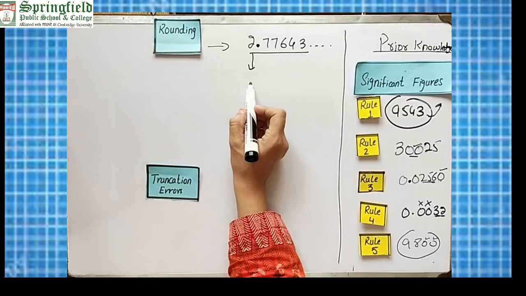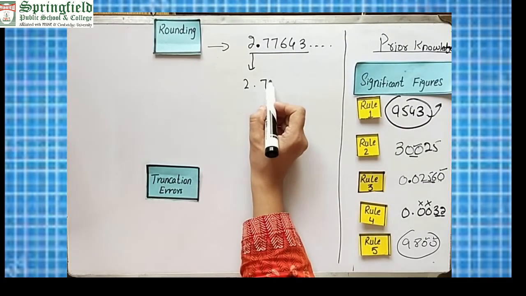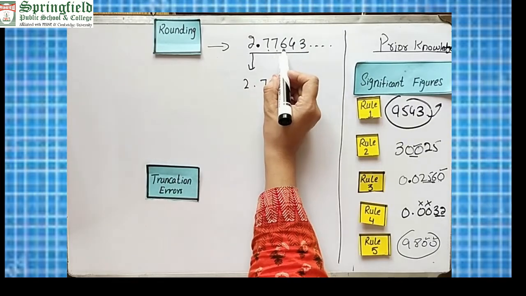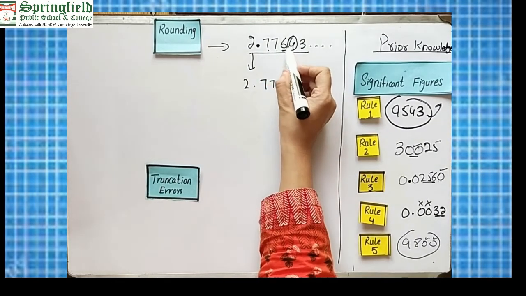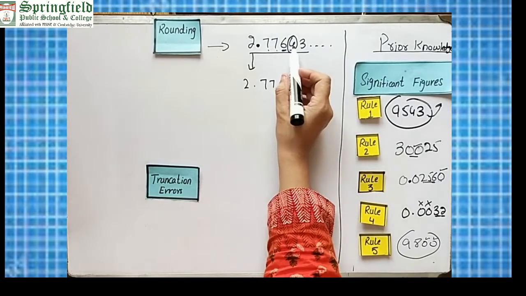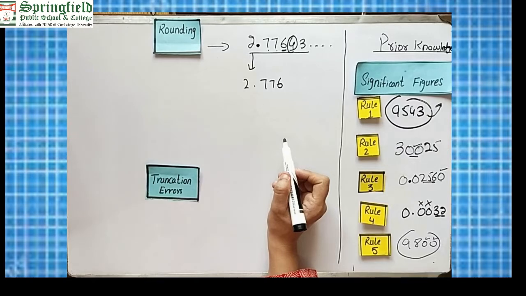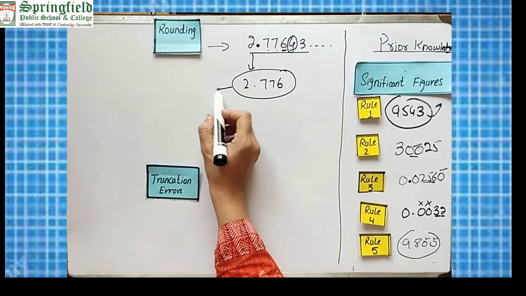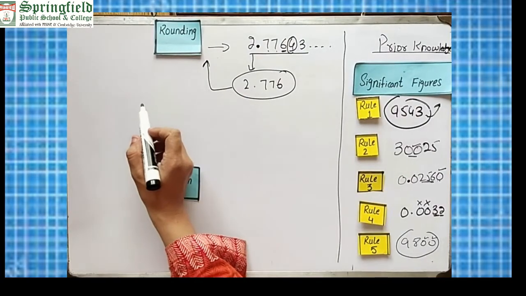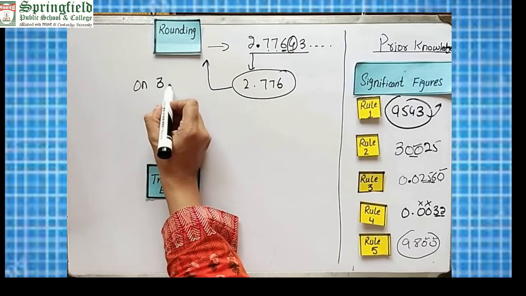So how can we find the answer? 2.776, 3 digits means 1, 2, 3. Underline this digit and circle the next digit. 4 is less than 5. It means 776 is our answer after rounding to 3 decimal places.